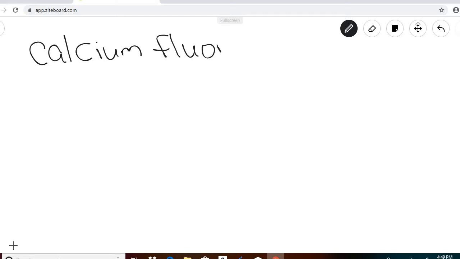Okay, then for number 22, we are given the name of the compound as calcium fluoride, and we are asked to give its chemical formula. So calcium and fluorine.